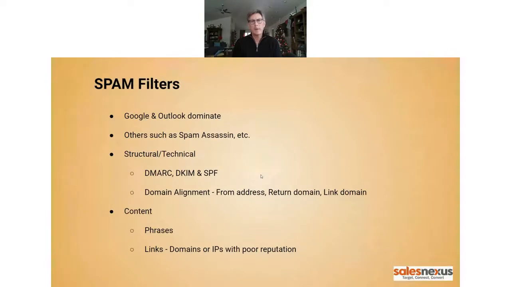There are other ones; SpamAssassin is a big one. It's the default that comes along with one of the most popular mail server programs. So when a company is setting up their mail server, a lot of times SpamAssassin will be the default junk filter that goes into the corporate mail server. But there are a lot of other ones, and there are ways to monitor whether these different spam filters are putting your email into junk.